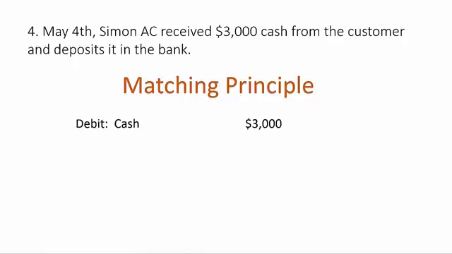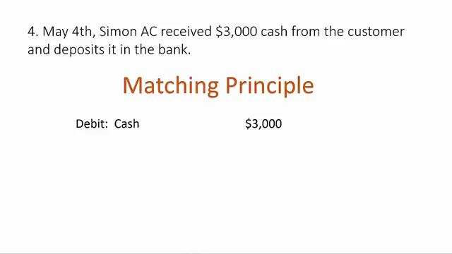So in this case, we can't recognize $3,000 of revenue as a credit because we haven't incurred the cost to buy, deliver, or install the air conditioner, nor have we actually done any of these activities yet. So for this reason, the $3,000 needs to be parked as a credit somewhere on the balance sheet until we fulfill the customer's order.